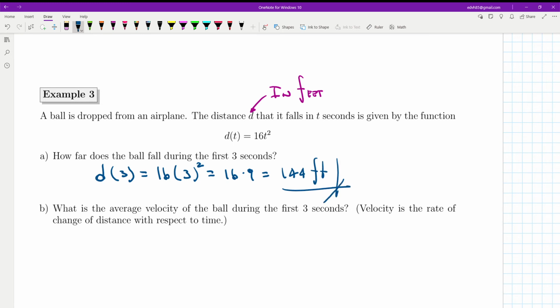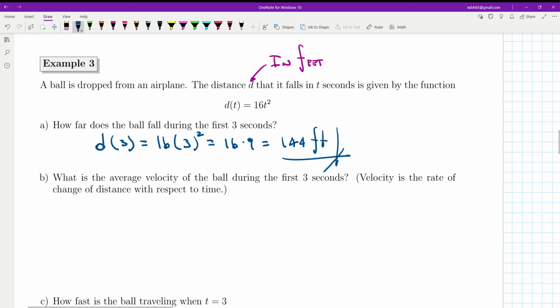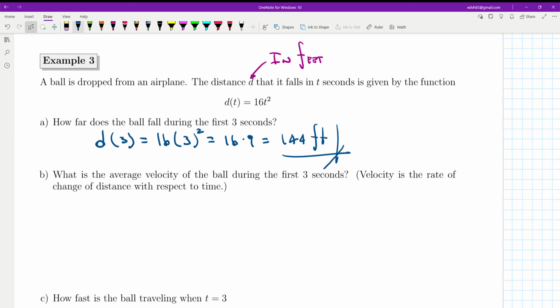Now they're asking us, what is the average velocity of the ball during the first 3 seconds? In this case, what they're asking us to compute is the average rate of change, where instead of delta y over delta x, we're going to do delta d over delta t.